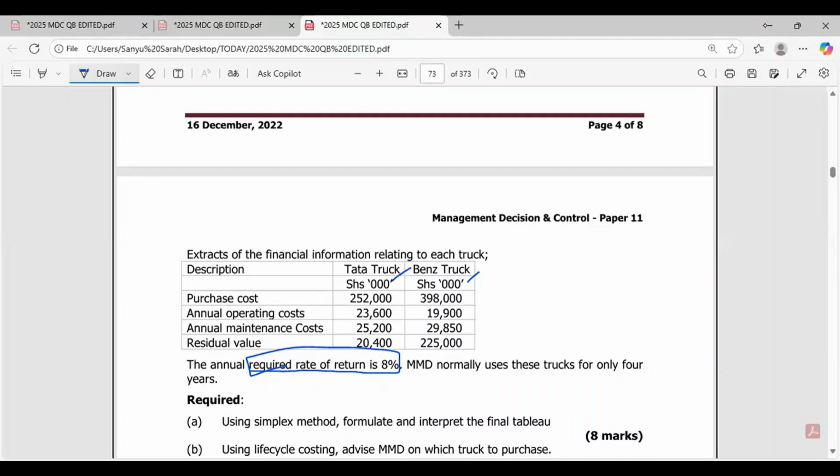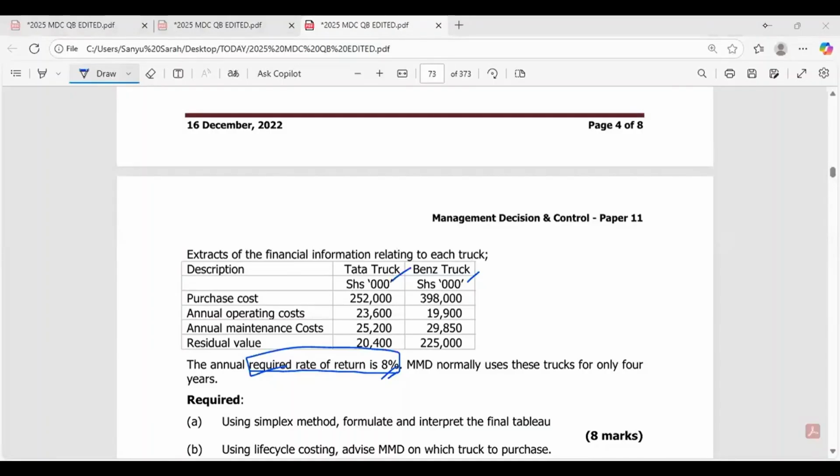You return back my 10,000, but on top of that, you also give me 5,000 for using my money. So here they are telling us that their required rate of return is 8%. It means that we need to discount these amounts because they have given us a required rate of return.